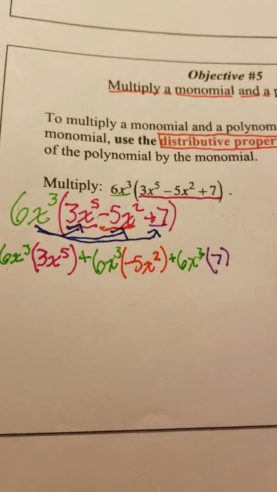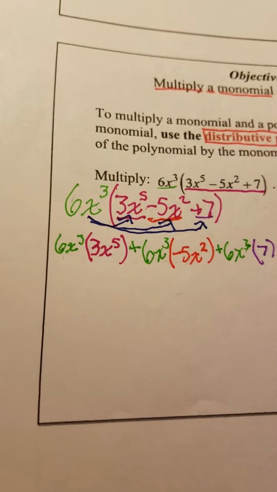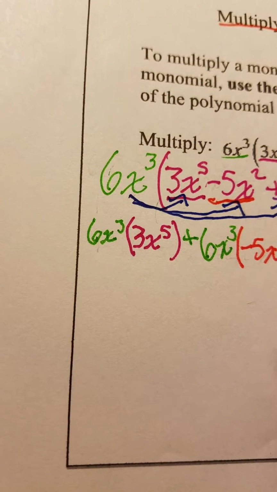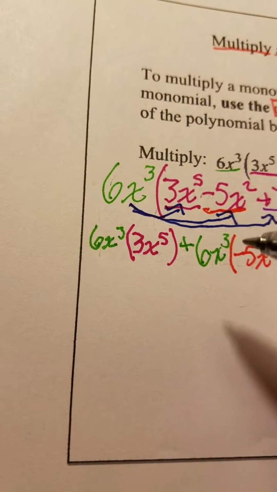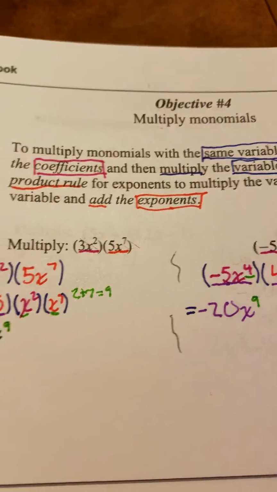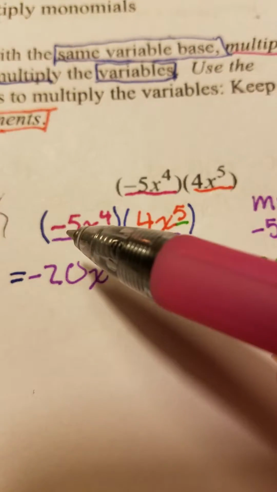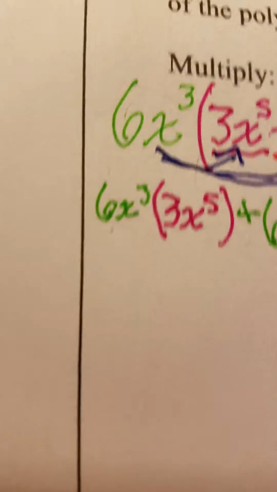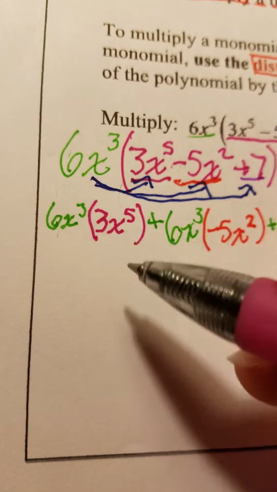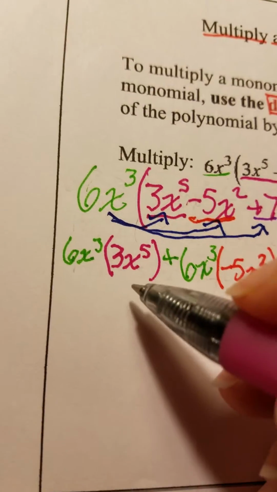These are all their own little problems. So we'll start out with this right here. Remember, you're basically just multiplying two monomials again, the ax times the bx, whatever you want to call it.